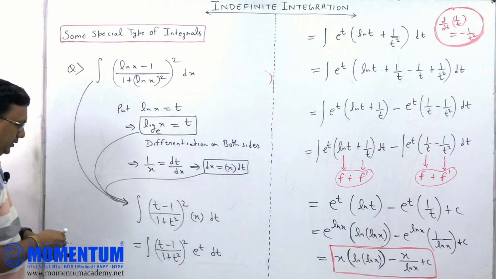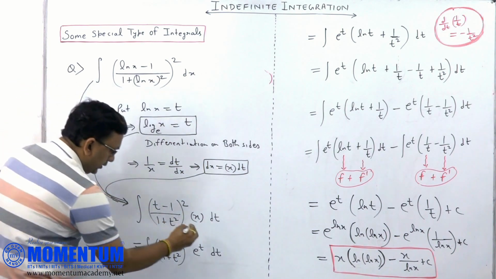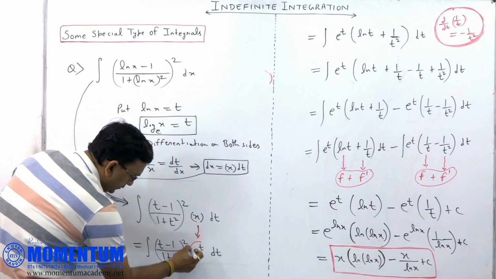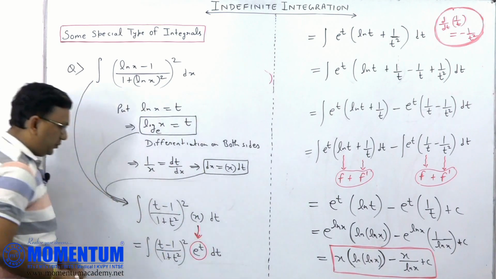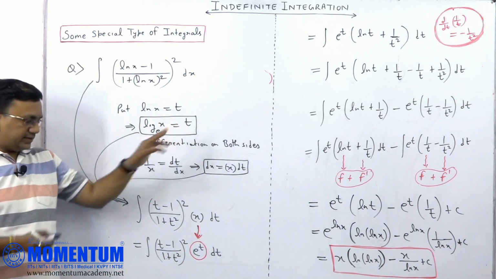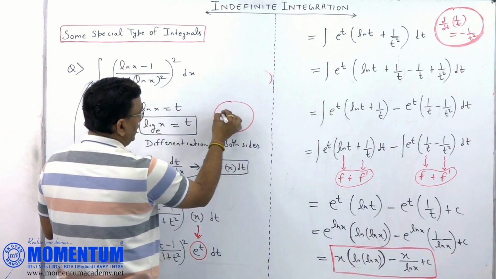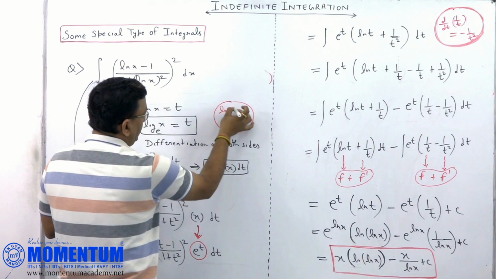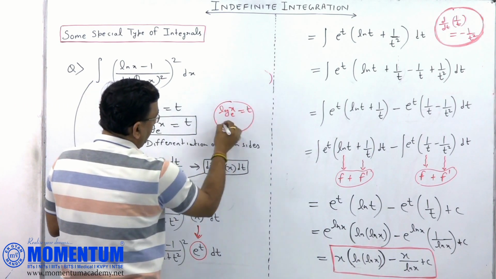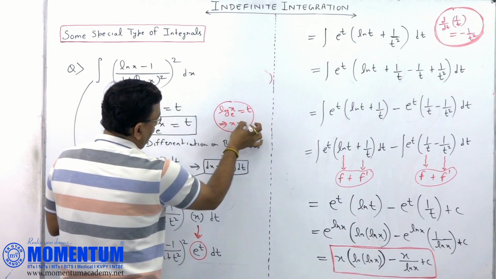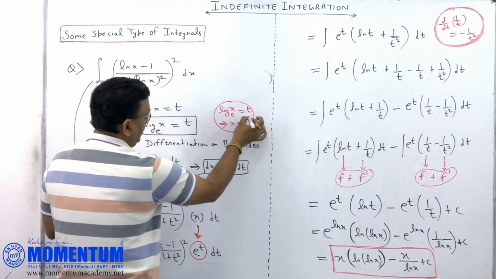Fine. We have got e to the power t in place of x. Log x is t. We have log x is equal to t. It implies x equal to e to the power t.